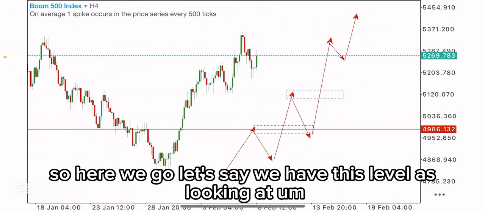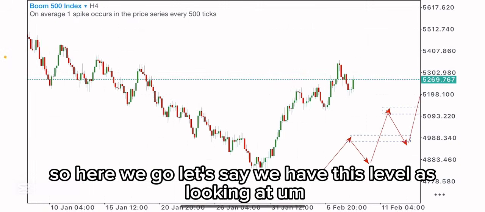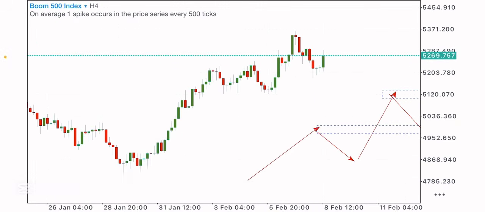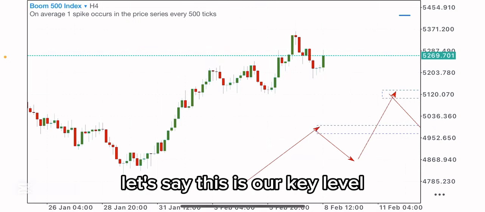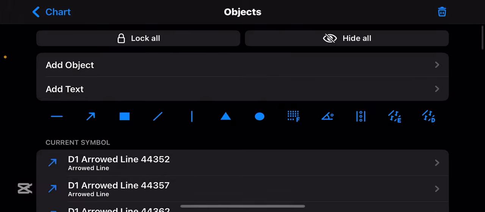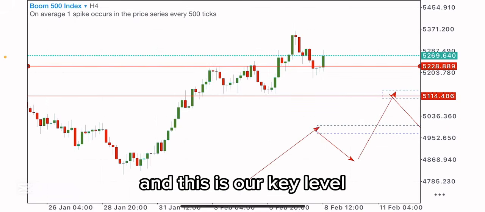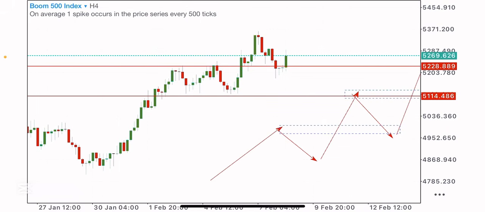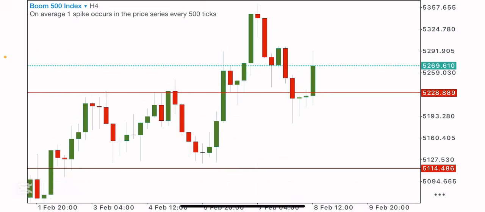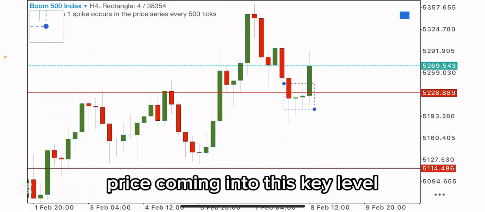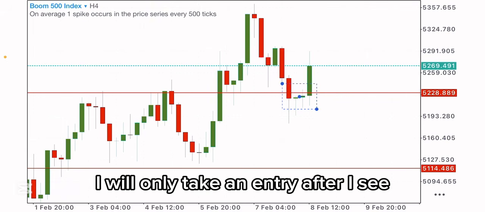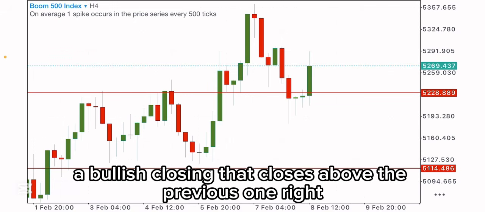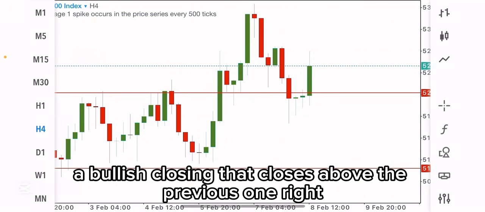So here we go. Let's say we have this level, looking at the 4 hours time frame of this market. Let's say this is our key level, and this is our key level. Price coming into this key level, I will only take an entry after I see a bullish closing that closes above the previous one, right?